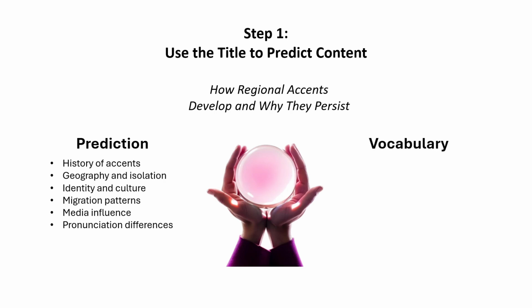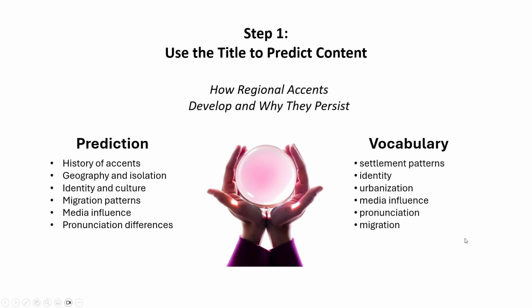For vocabulary, you might predict words like settlement patterns, urbanization, migration, pronunciation, or regional variation. The prediction stage warms up your brain and helps you recognize the terms a little bit faster.